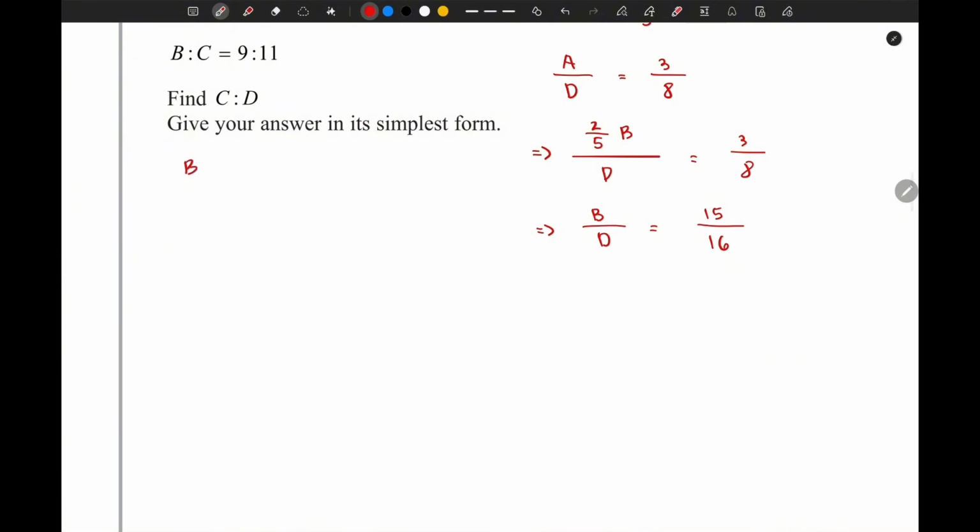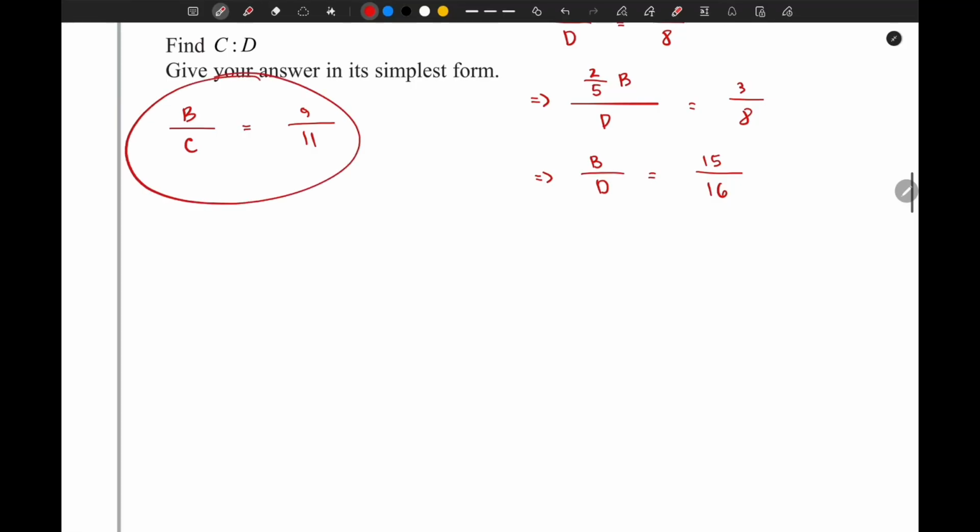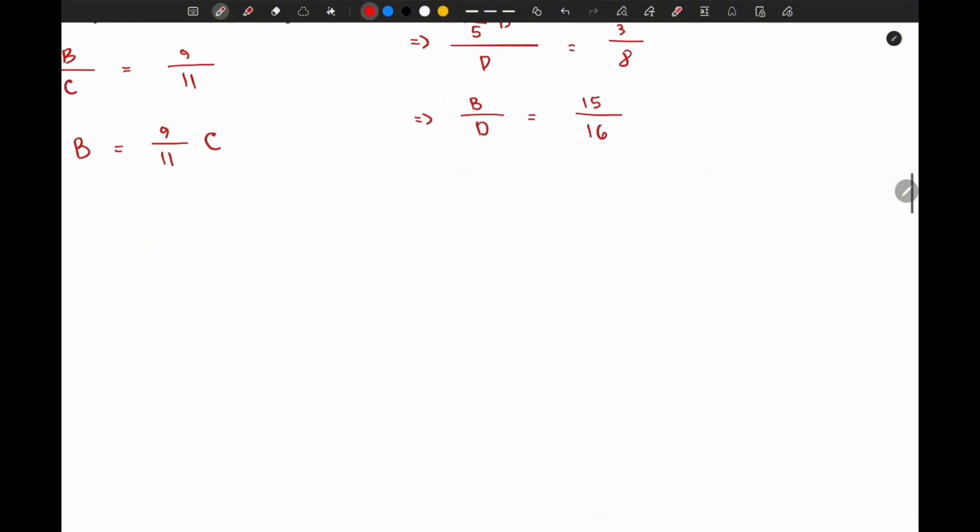Now B over C is equal to 9 over 11. Now the common thing in between them is B. So we can replace B with 9 over 11 of C. So if I substitute this value into this equation, it's 9 over 11C divided by D equals 15 over 16.